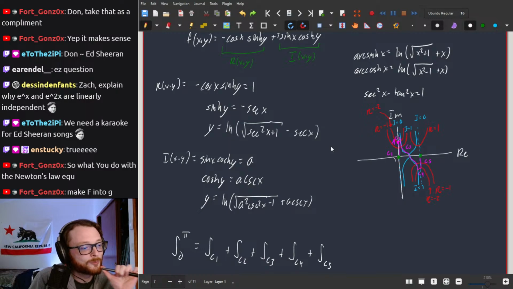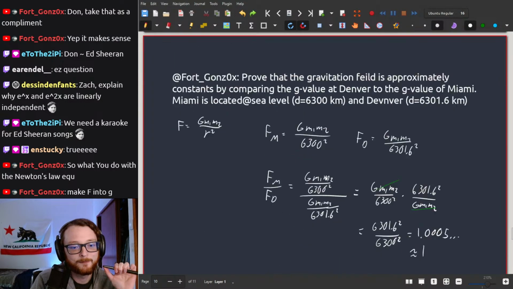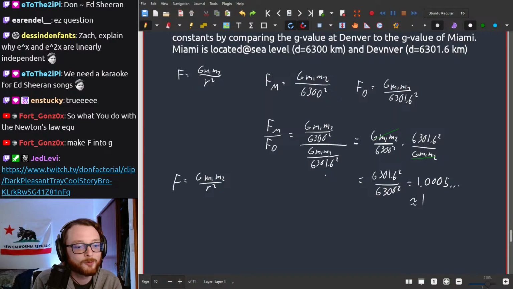What you do with the Newton's law equations, make F into G. I'm not sure what you mean. Gonzo, it is a pretty common thing when you're doing calculations in physics. If you know that the force is gravity, if you know this law of gravitation, we also know that force is equal to mass times acceleration.